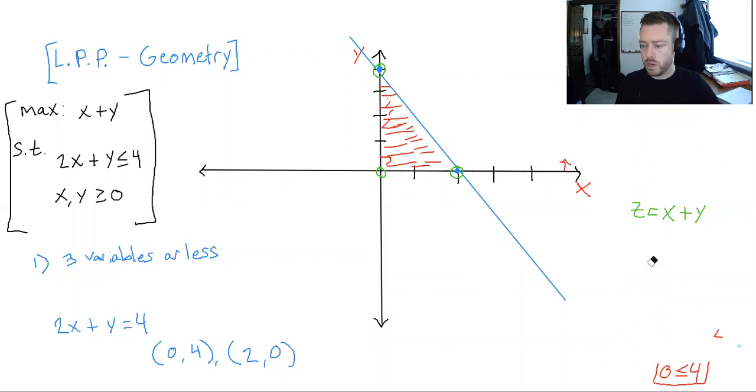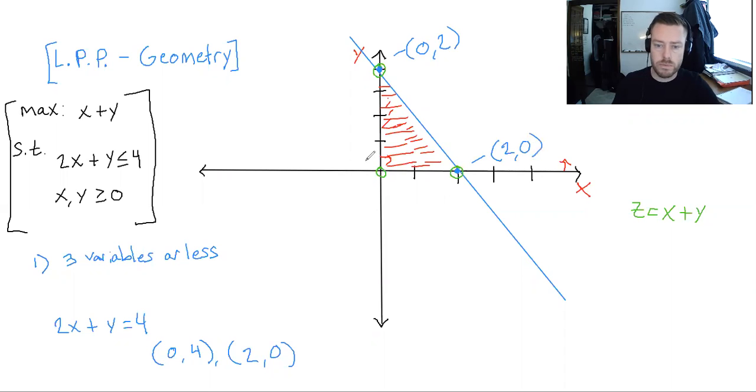To see which one of those points is going to maximize our objective function: this point is 0, 4. This point here is 2, 0. And this point is 0, 0.